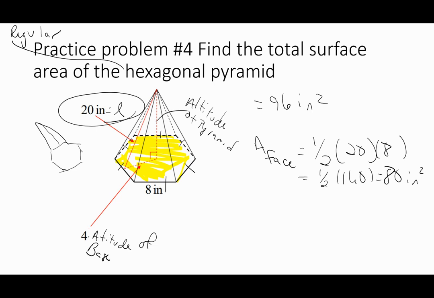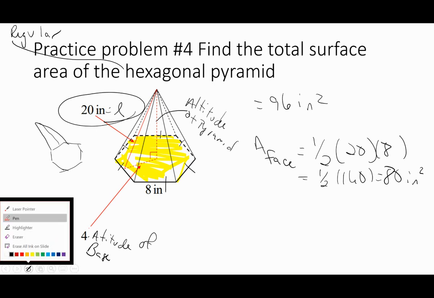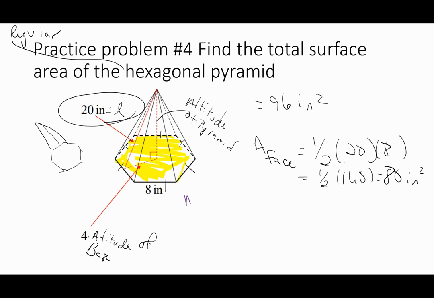So our area total that we have, that's our surface area, is our area of our base, which is 96, plus 80, plus 80, plus 80, because there's 6 sides to what we have in here.